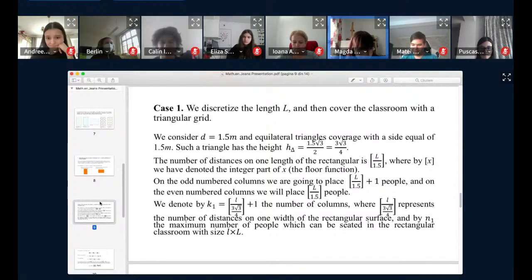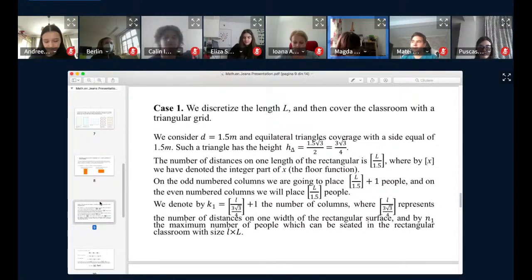We also observe that on the odd numbered columns, we can put the integral part of big L over 1.5 plus 1 people, while on the even numbered columns, we can place a number of people equal to the integral part of big L over 1.5.